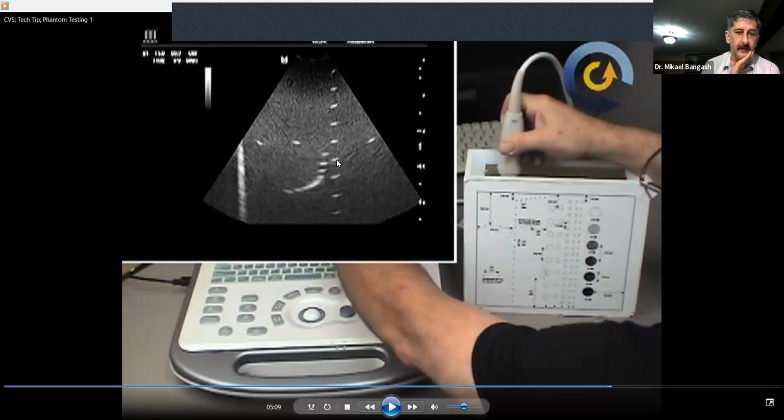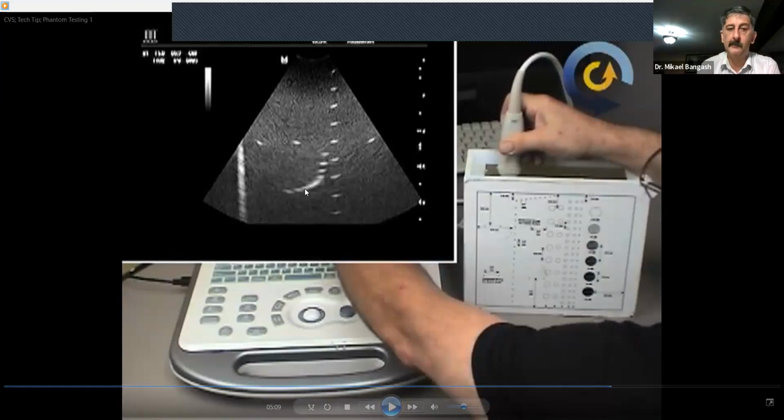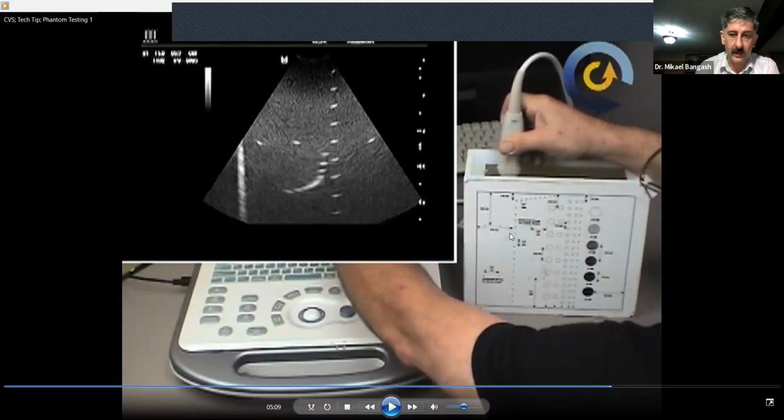Or even if you compare this to this, you can say it's good lateral resolution. Down here, the lateral resolution gets a little bit degraded if you want to put it that way, but that's okay in accordance to your lateral resolution in the phantom.